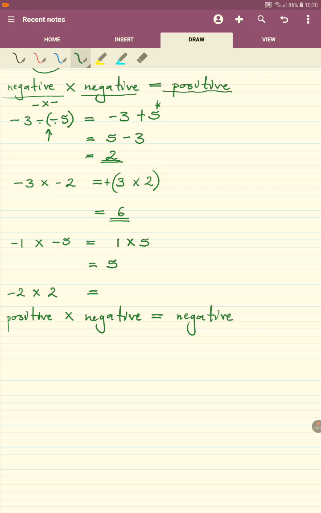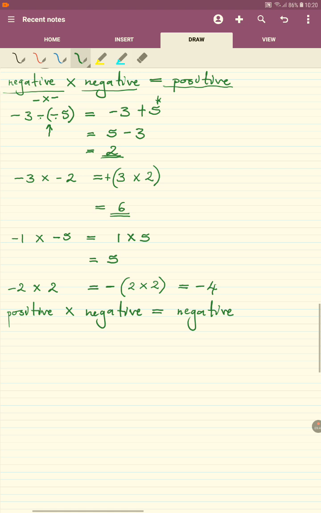So here you can put the negative sign outside the bracket, and then you take 2 and you multiply it by another 2, and you get your answer is negative 4.